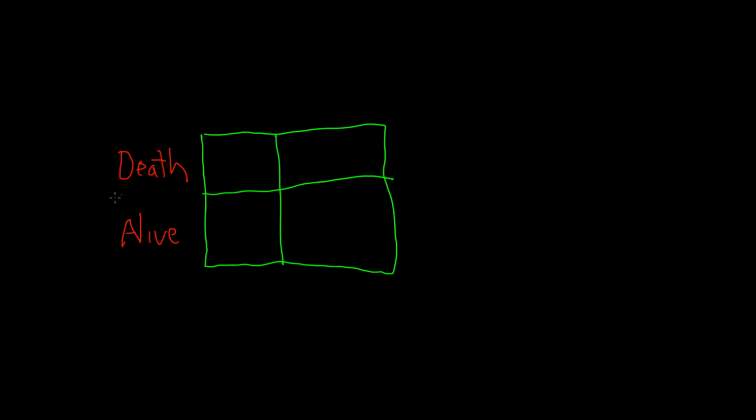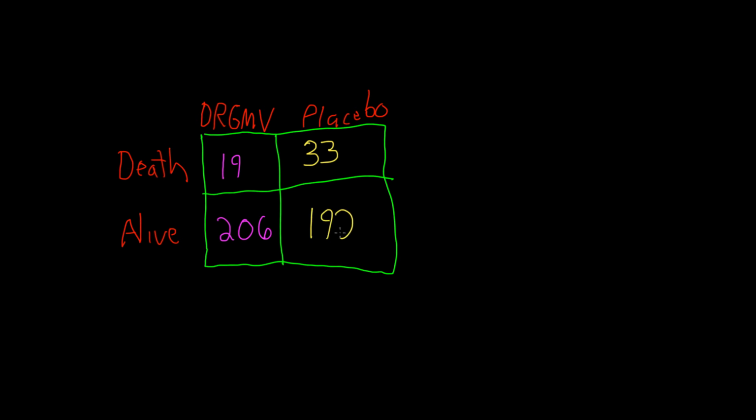And the intervention we'll look at is Dr. Giuliano's multivitamin. And the control will be a placebo. And let's say 19 people die in the study. By the end of the study, 19 people die and 206 are alive. In the placebo group, 33 people die and 192 are alive at the end of the study.